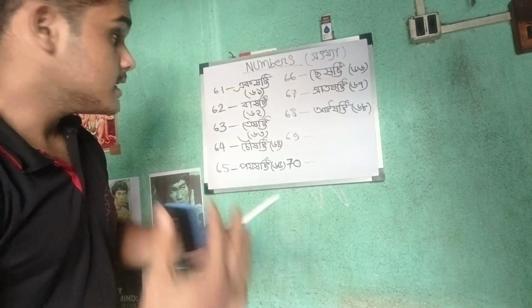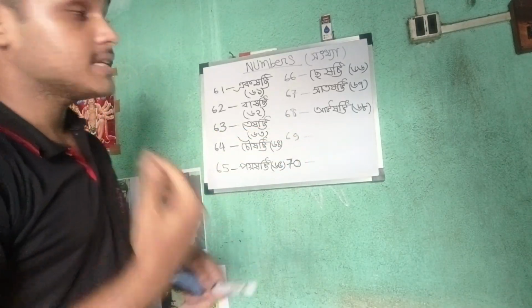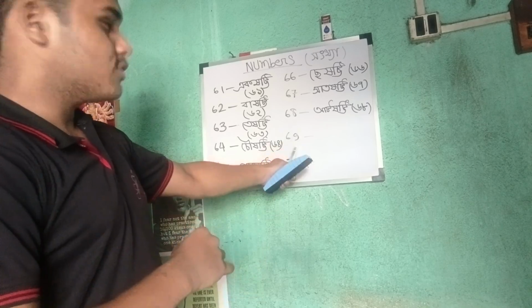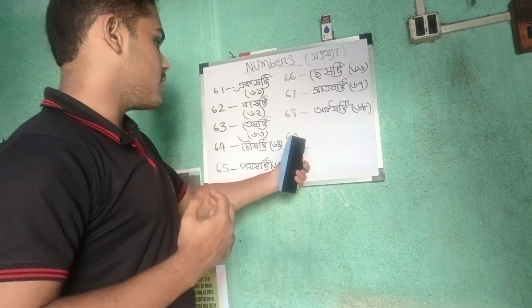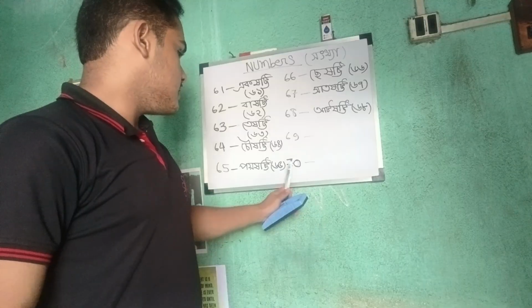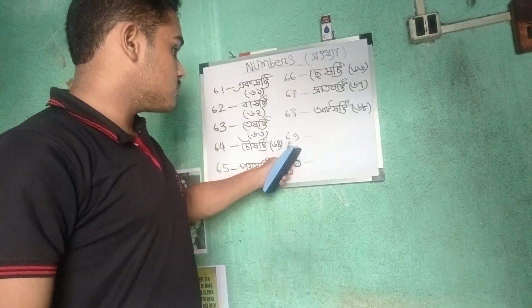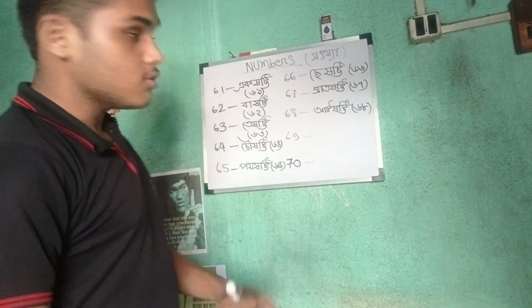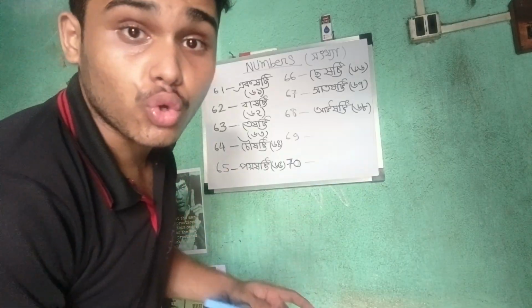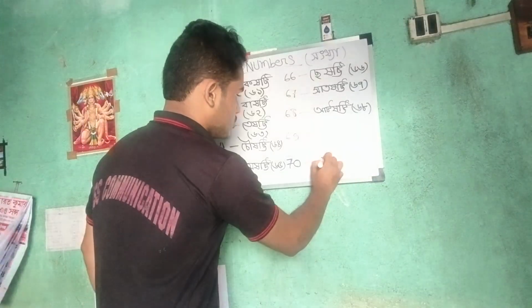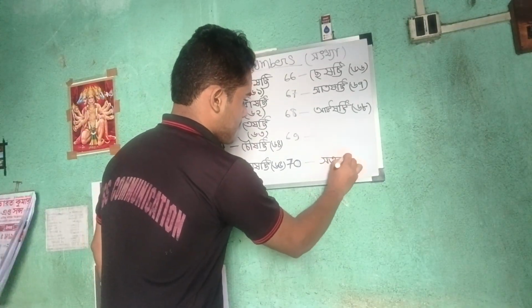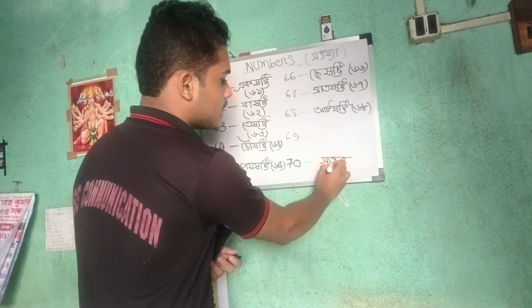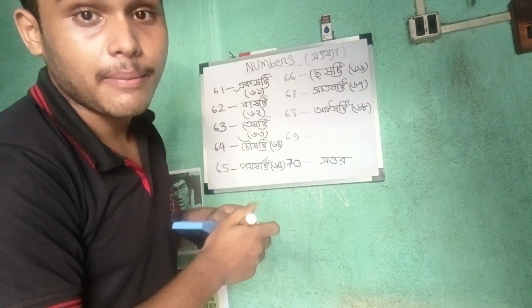After that we have 69. 69 will be uno something, because we have learned previously that if this is something, this will be uno and then something, here in the 70. So 70 means sôttôr. You know that this sign means double to.